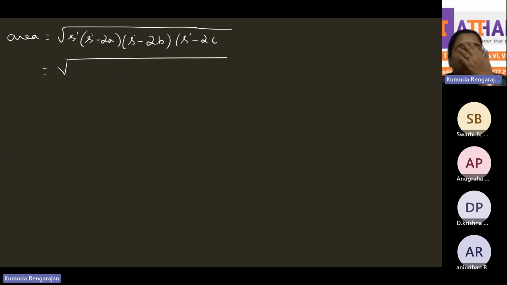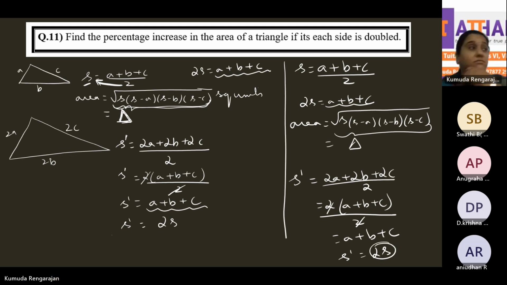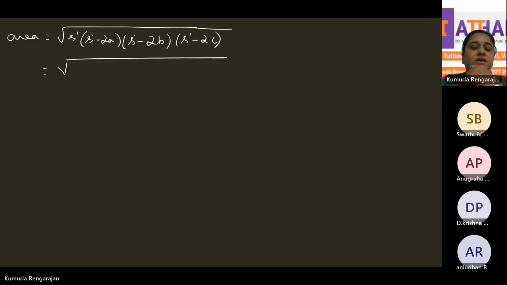Now we will find the area of the new triangle. Area of the new triangle is root of s dash into s dash minus 2a into s dash minus 2b into s dash minus 2c. Now what is s dash? S dash is 2s.